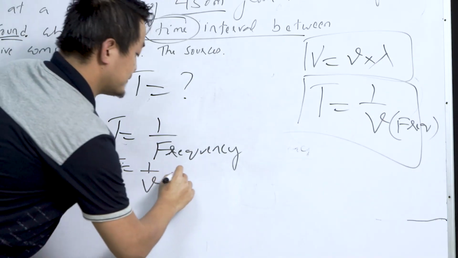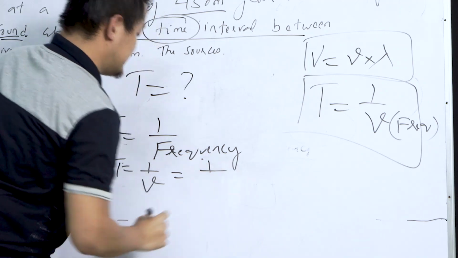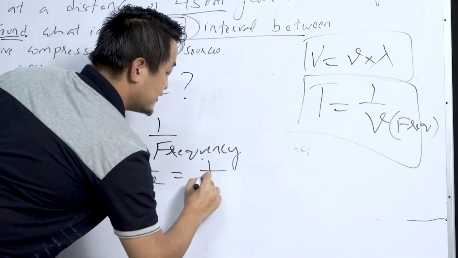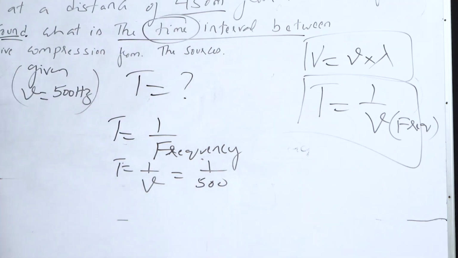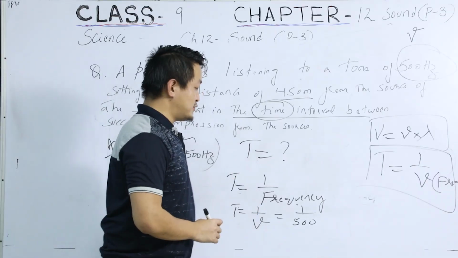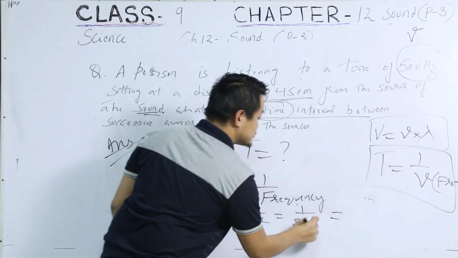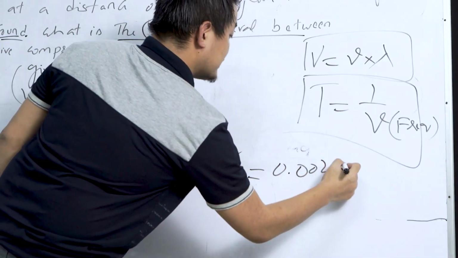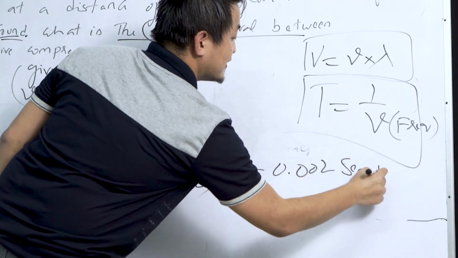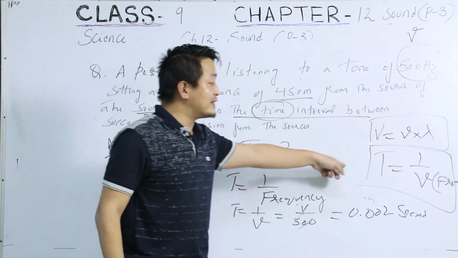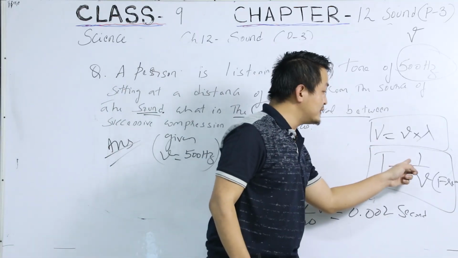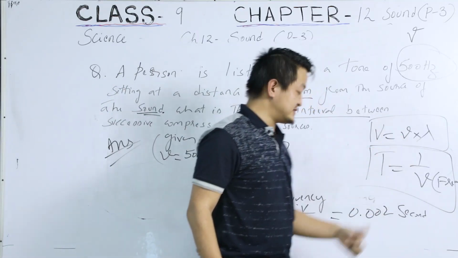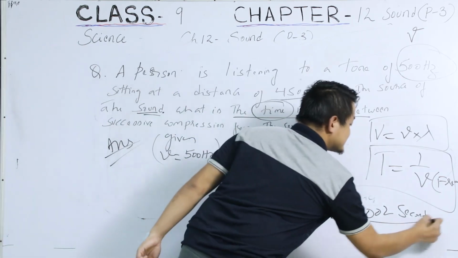So what we'll do is substitute 500 here. Now we'll divide this, and we get 0.02 seconds, because the SI unit of time is seconds, right? So 1 by frequency gives seconds. So the answer is this one.